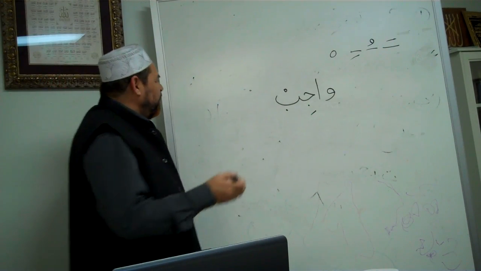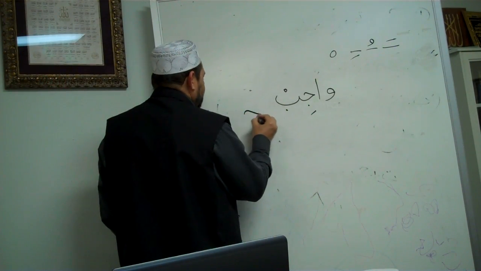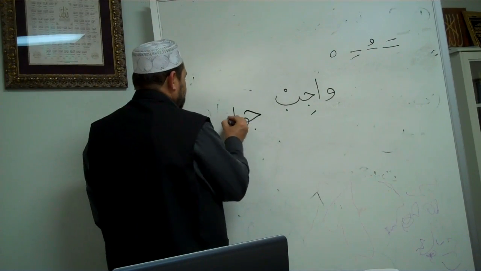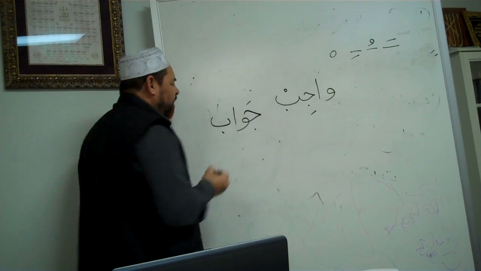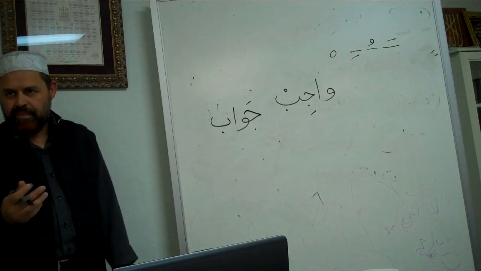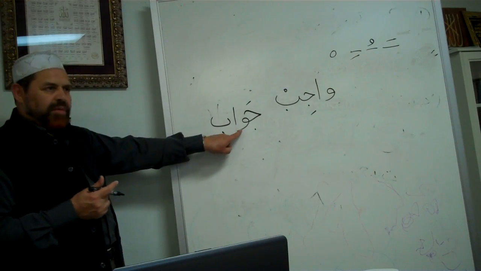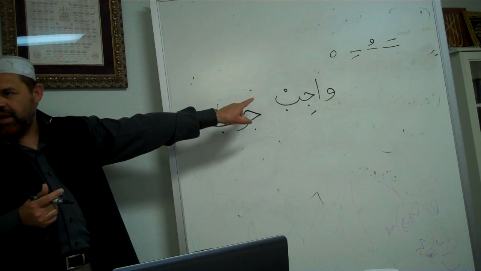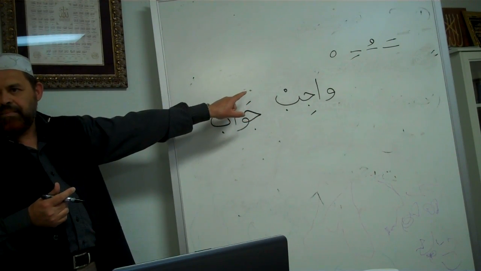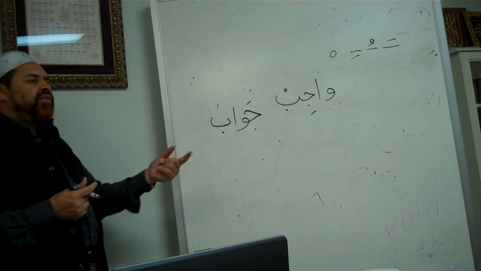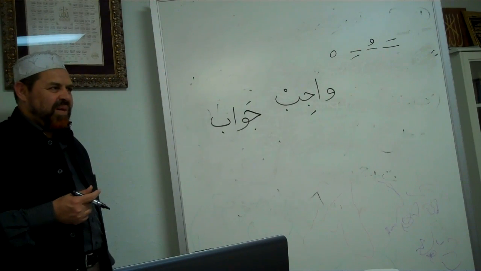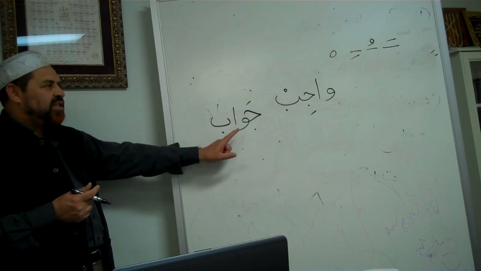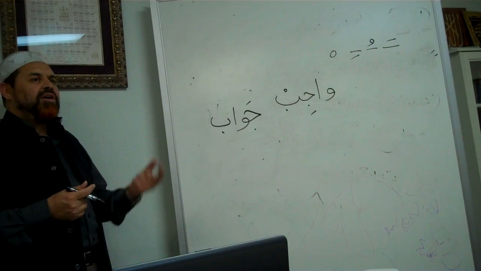And I am giving you the example of the word jawab. Look at jawab. It means answer. So vav is in the middle. Before vav we have the letter jim, and jim has a short vowel, that is fatha. After vav we have a long vowel, that is alif. So in this case, vav became a consonant.